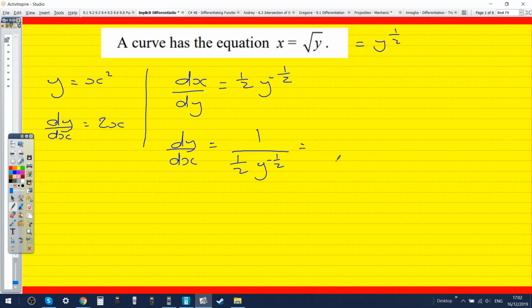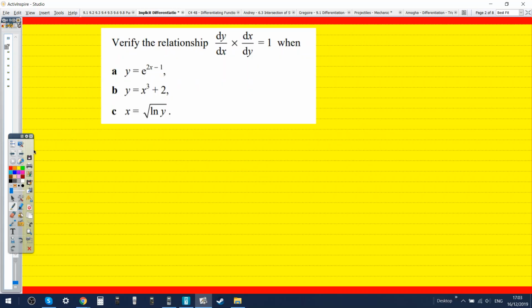That is the same as 2 y to the half, and that is in terms of y. Okay. So dy by dx times dx by dy is equal to 1. Okay.